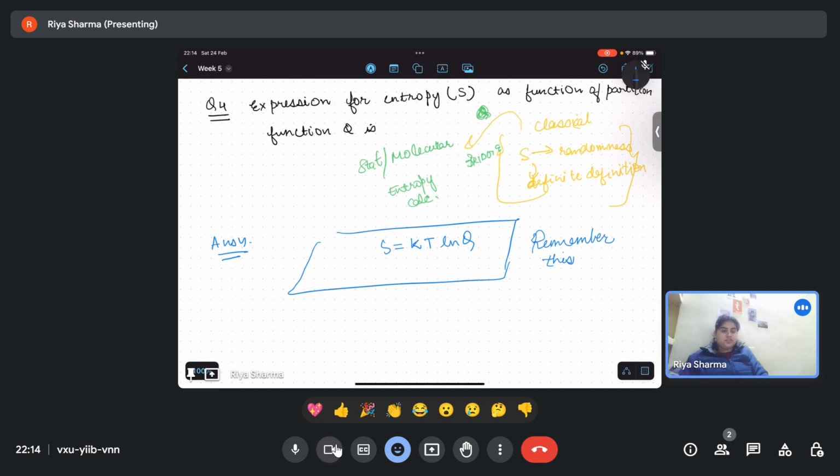This is a bridge between classical thermodynamics and molecular thermodynamics. Q is that basis. So, shall we go to the next question?